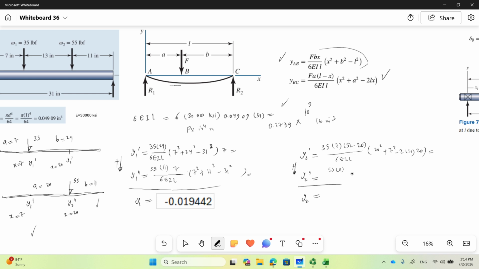X is 20. 6EIL. And then X is what? This X for that point is 20 squared. The B is 11. And then L is 31 squared. So equals. Alright, so we need to calculate these guys.